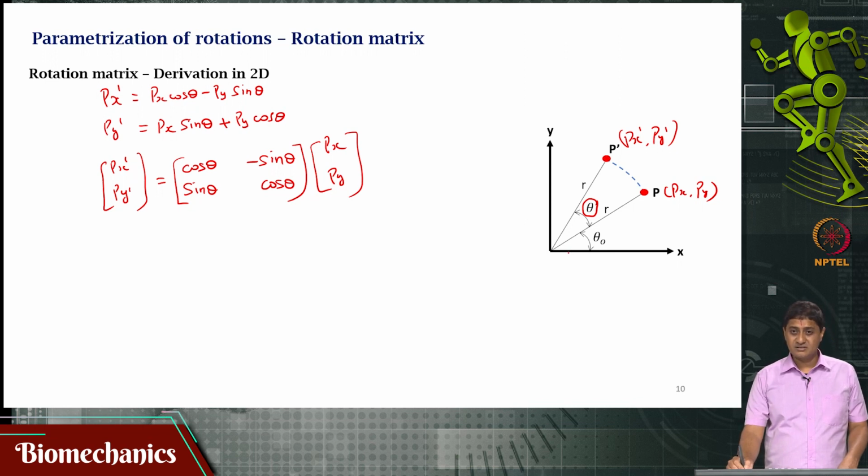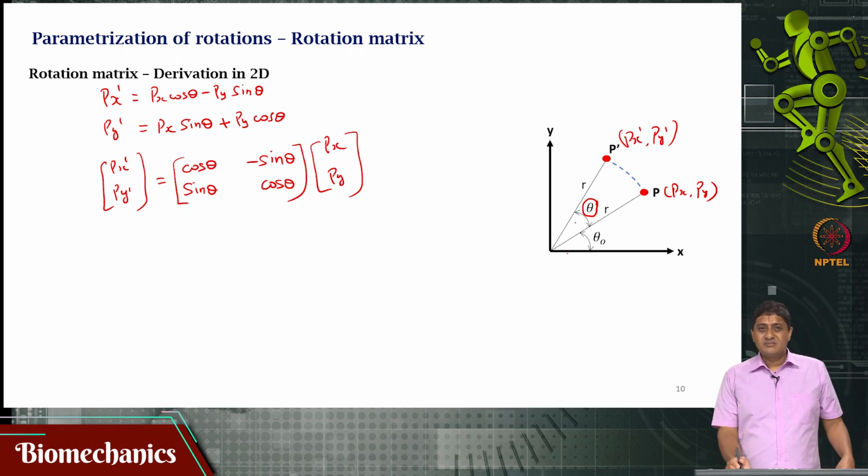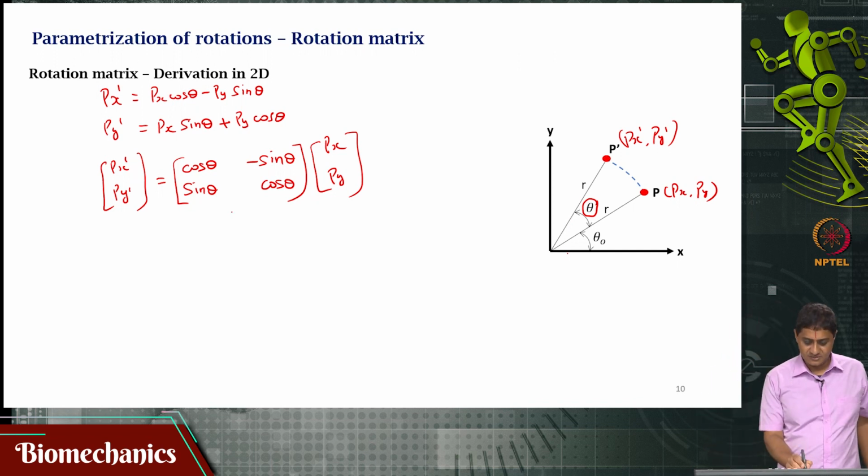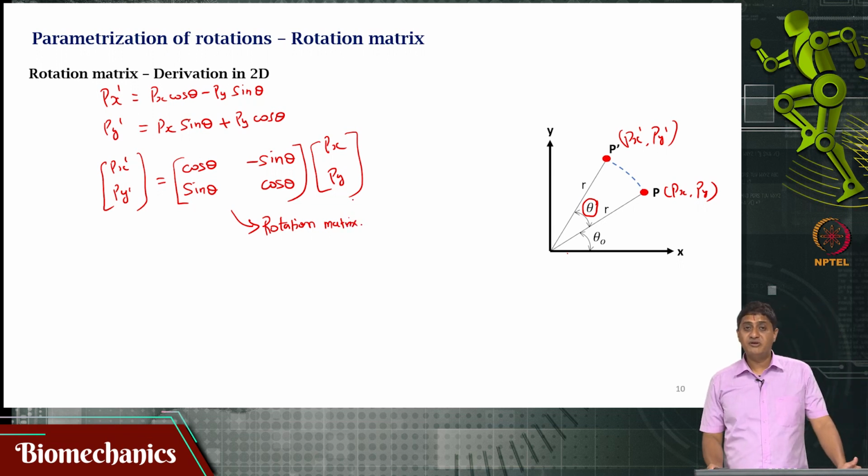So, to find the coordinates in the new frame, I need to just multiply by the rotation matrix, which is this. It has some interesting properties that we can exploit to simplify much of our analysis.